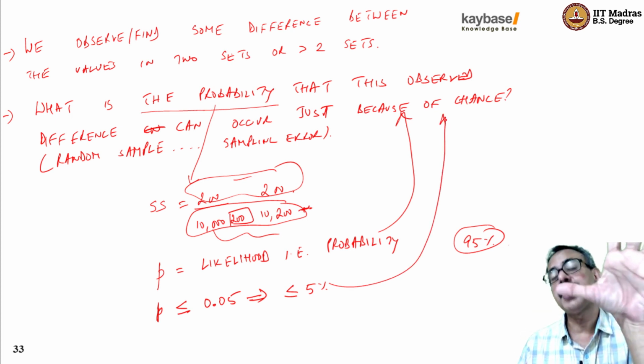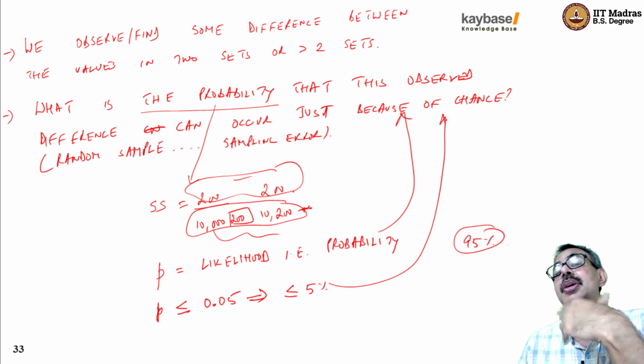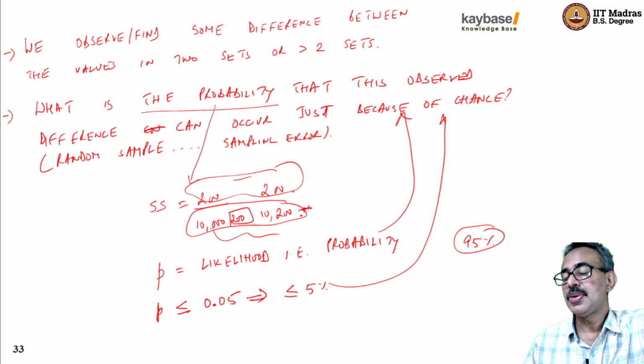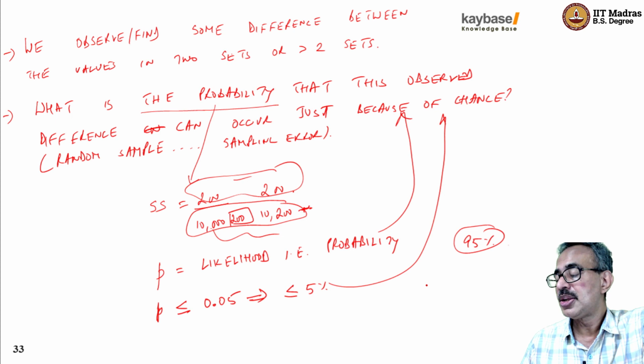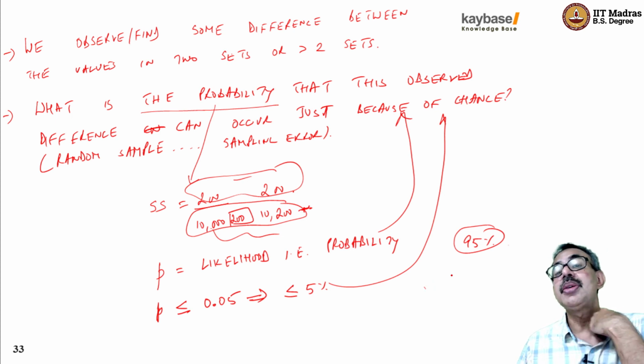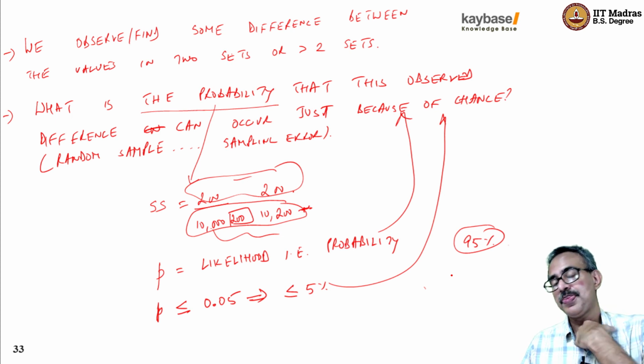The chances are less than 5%. And therefore, we would conclude that this difference of 10,000 and 10,200 is significant with 95% confidence.